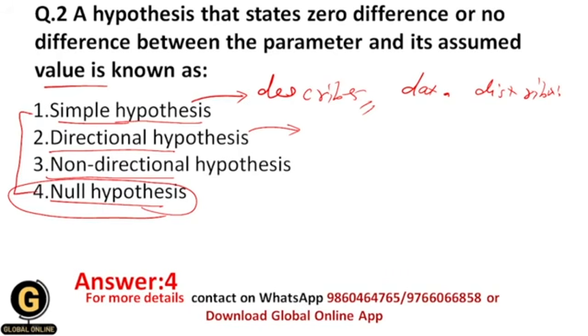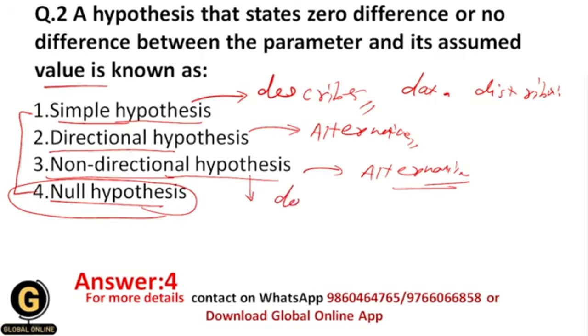Okay, and that's why directional hypothesis is the type of alternative hypothesis under which it can state the direction of the results, and as well it states the relationship between the variables. And non-directional hypothesis is again the type of alternative hypothesis, but here it only gives the prediction about the relationship between the variables. It does not predict about the direction of the results.